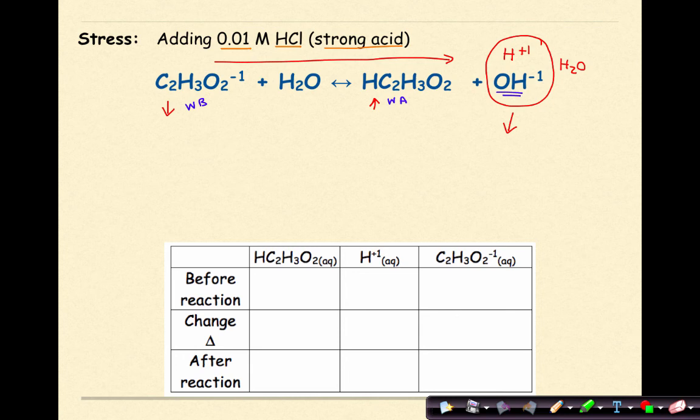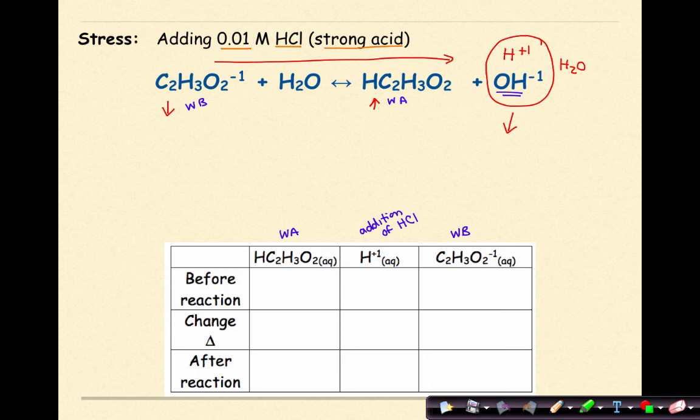So we have acetic acid, which is my weak acid, and we have the acetate ion, which is our weak base. This H+ is going to represent the addition of the strong acid, hydrochloric acid, but we're not really going to recognize the chloride ion because we know that's negligible.